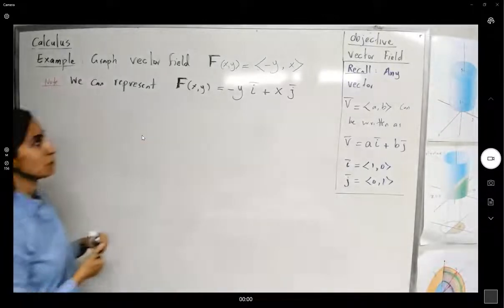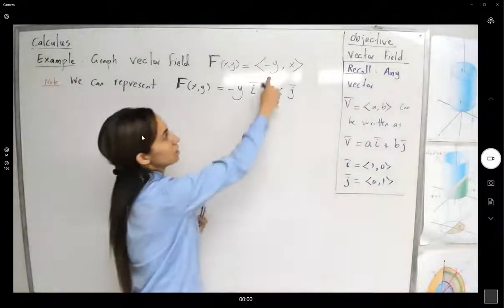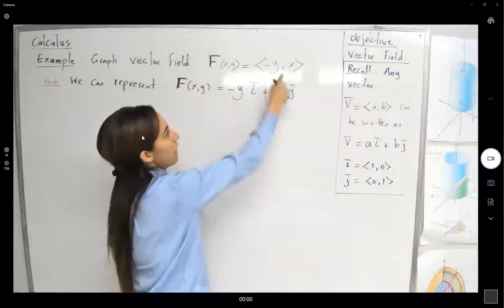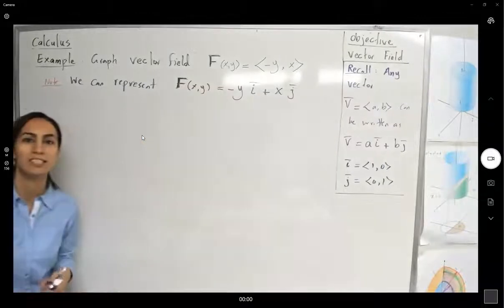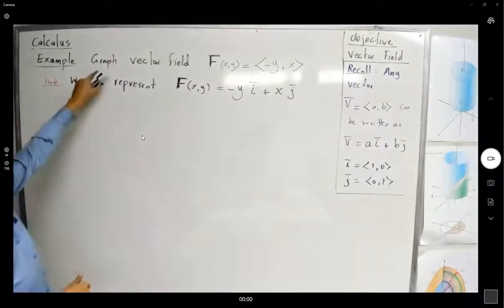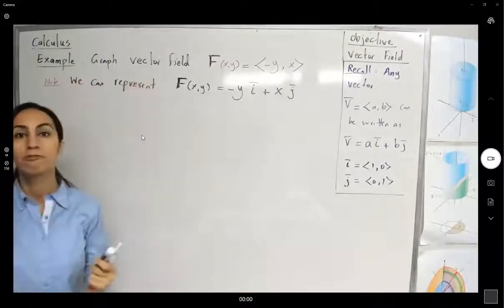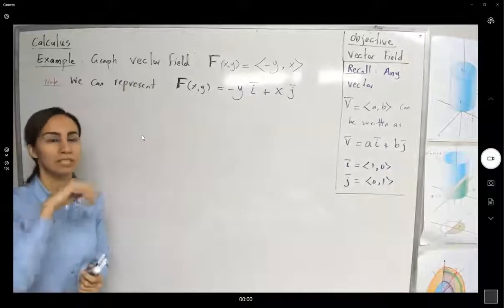So when you write the vector field this way, it means that the first component is negative y and the second component is just x. So the question says, graph this vector field. How do we graph this?